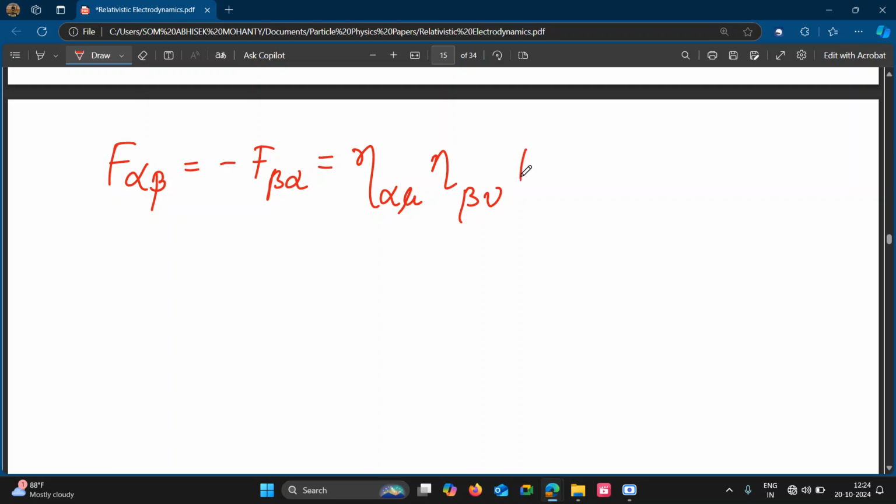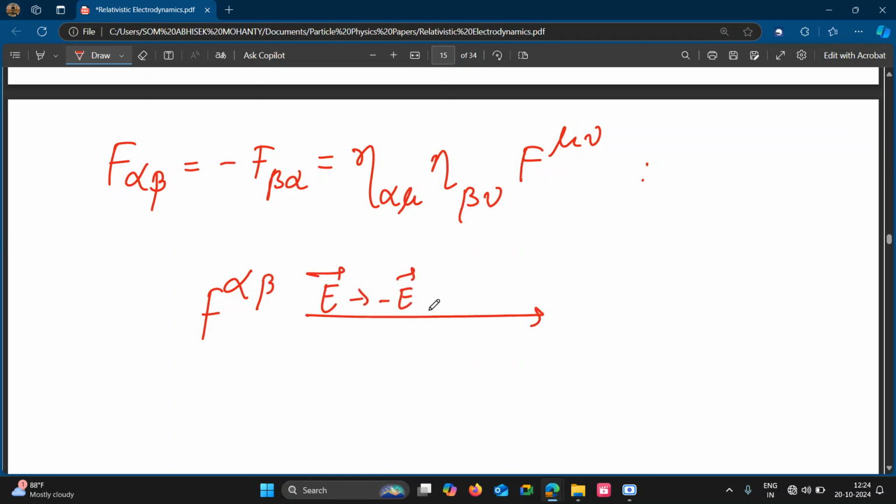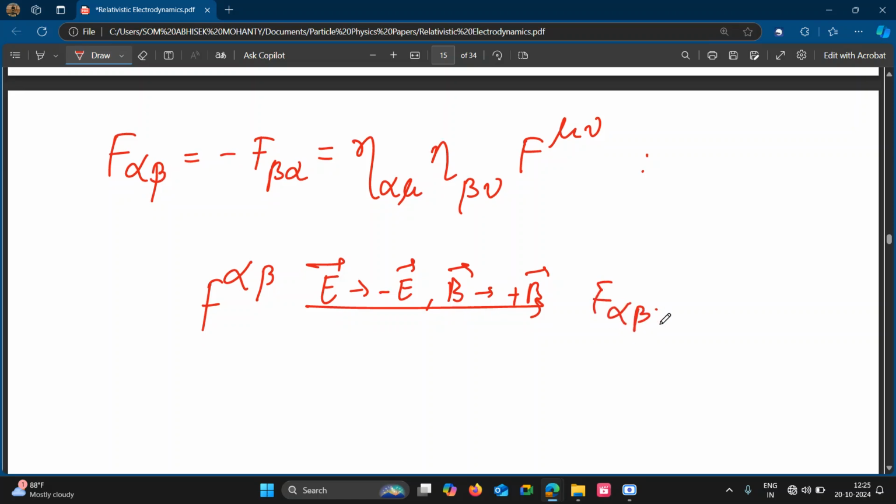This implies that F alpha beta corresponds to the transformation E to minus E and B to plus B.